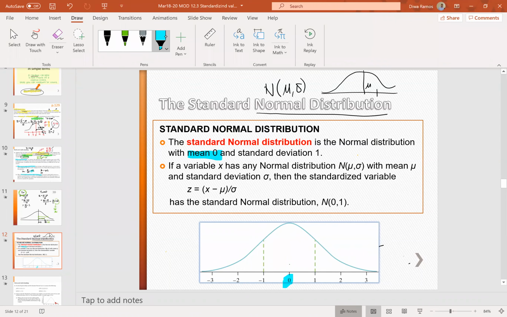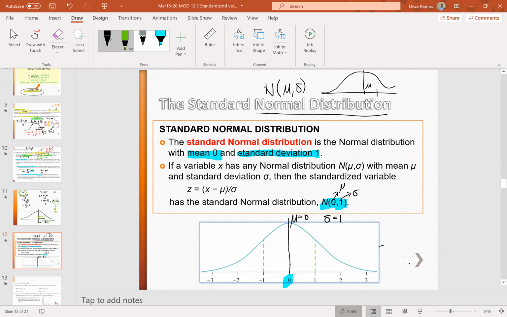You could see that. And the spread from the center, or the standard deviation, is 1. So if you have a normal distribution centered at 0 with a sigma of 1, basically N(0,1), remember this is the mean and this is the sigma, then this is what we call a standard normal distribution. So this one is your standard normal distribution over there.